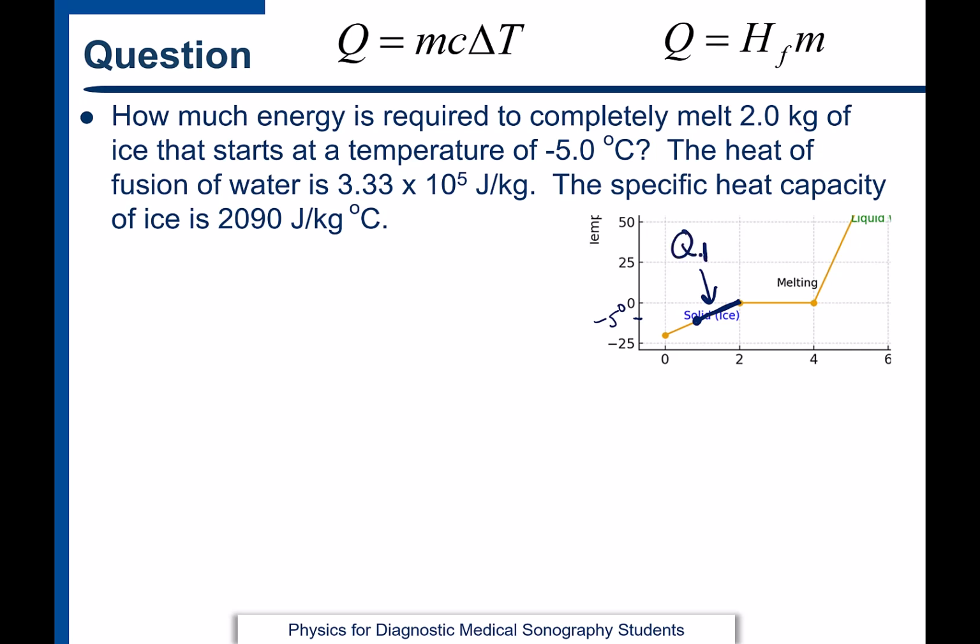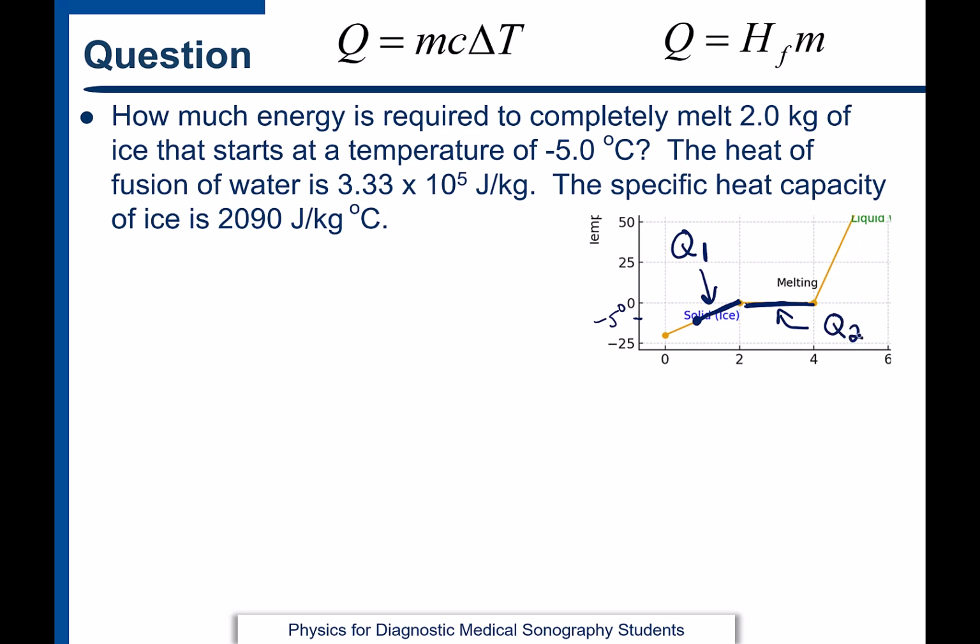I'll call that Q1. Then we have to add another amount of heat, which is the heat required to take that ice and turn it completely into a liquid. We'll call that Q2. So we've got to do two separate things.